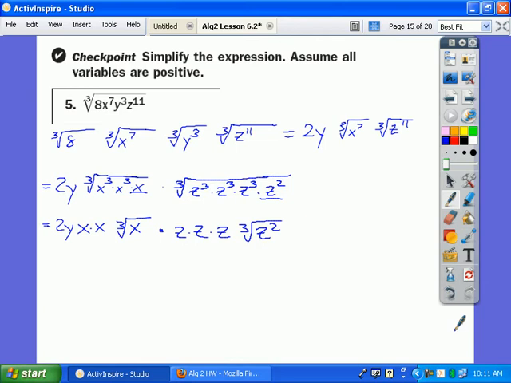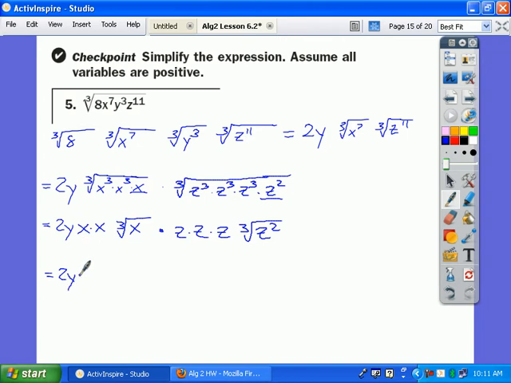Okay, so hopefully you saw that when you broke z to the 11th up into groups of z cubed, and again, if this was to the 4th power, we're going to break this up into groups of z to the 4th. What we're left with here is z squared, so we have the cube root of z squared left. Now I'm just going to rewrite this.